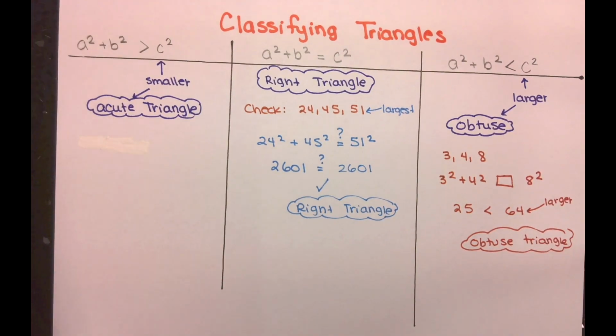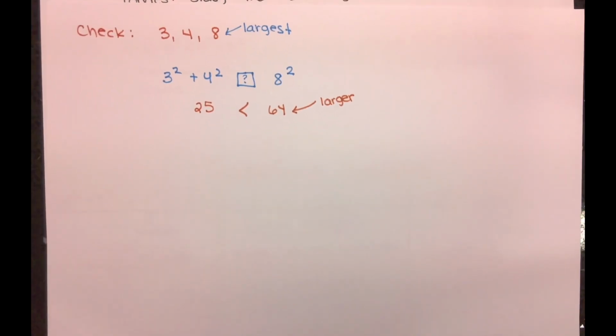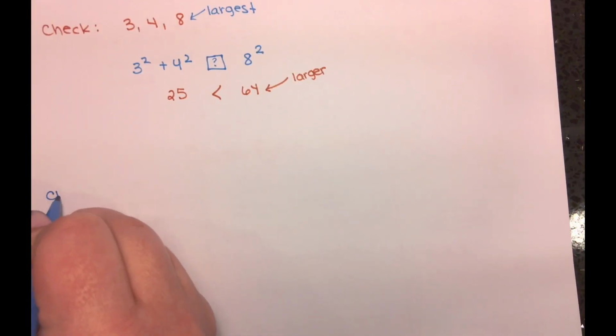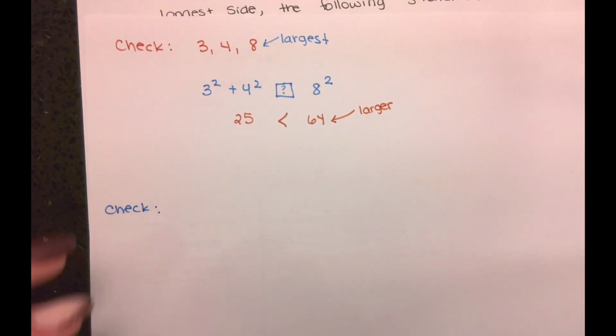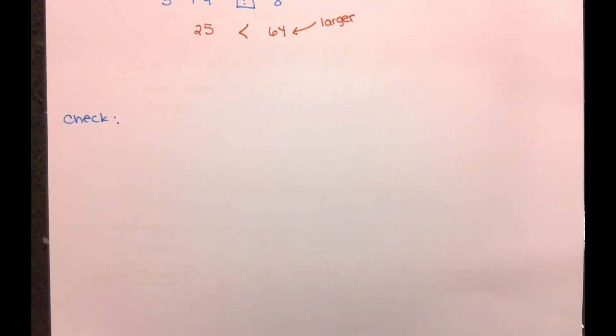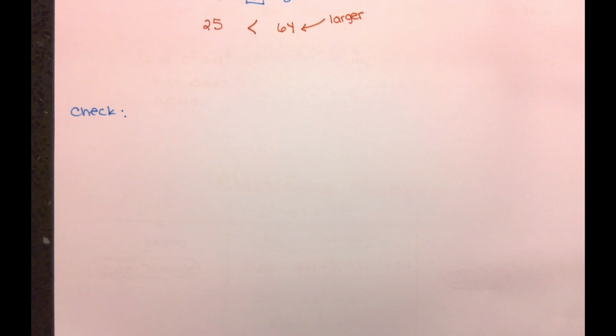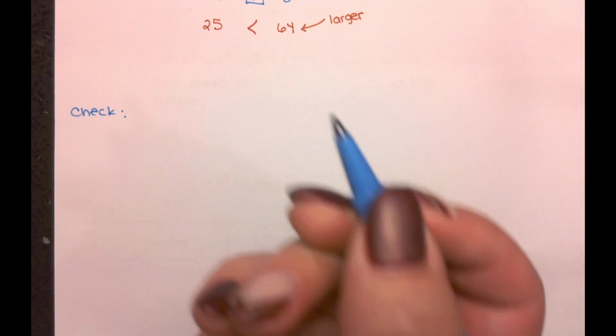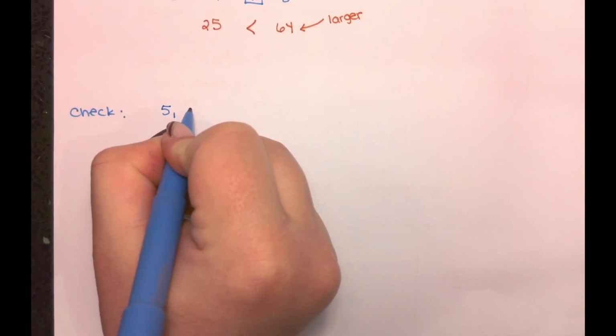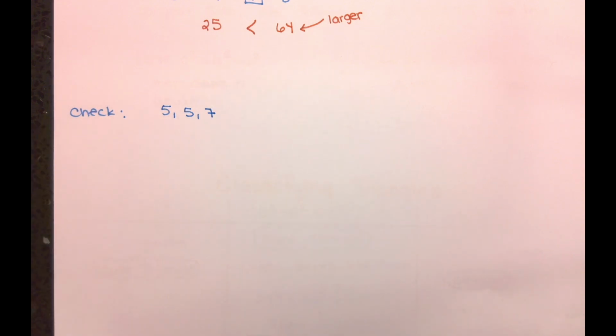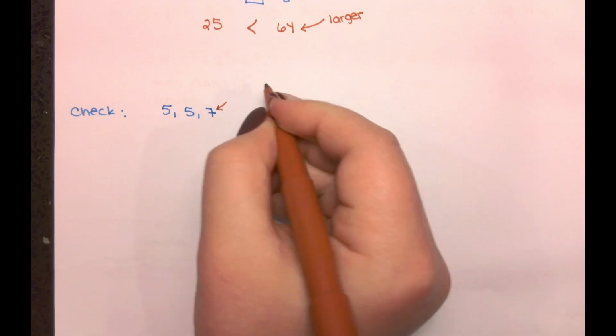And again, let's do that off to the side, double checking, and then we'll go back in. All right, so let's go ahead and check. Which one do we want to do? Let's do this one. We have a 5, 5, and a 7. Again, it doesn't matter that you have repeated numbers. You're just looking for the largest side.